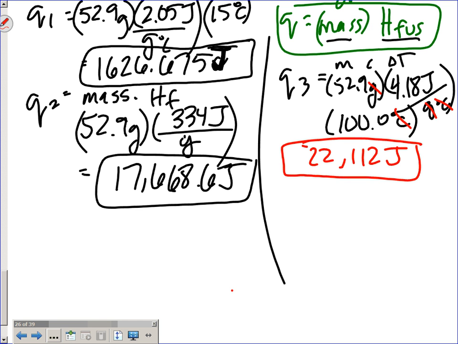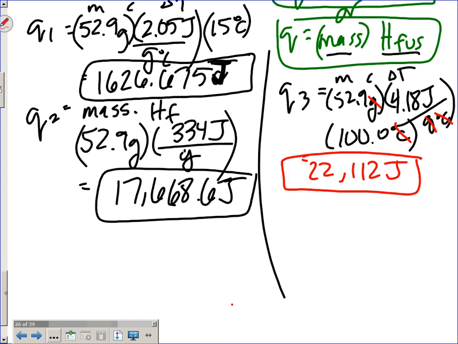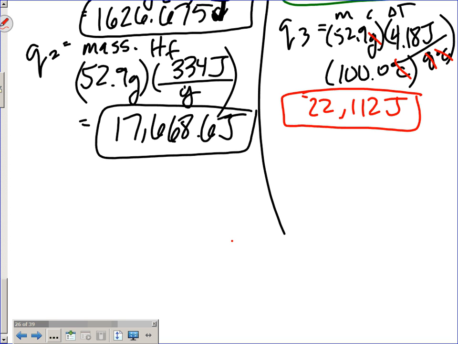What temperature are we at right now on our graph? We're at the top of liquid, which is 100, right? So we're at the vaporization stage now. What equation would I use for this flat section here? So mass times, or moles times the vaporization, not the fusion one, right? The vaporization one.